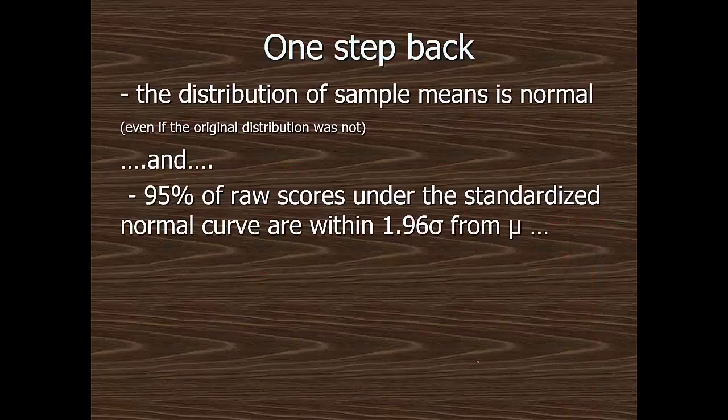Okay, now one step back. This is a really important one. The distribution of sample means is normal. That's a fact you need to learn. And that's true even if the original distribution was not normal.